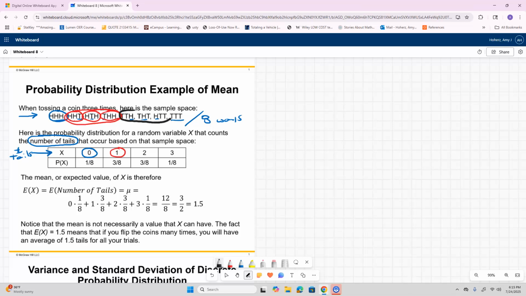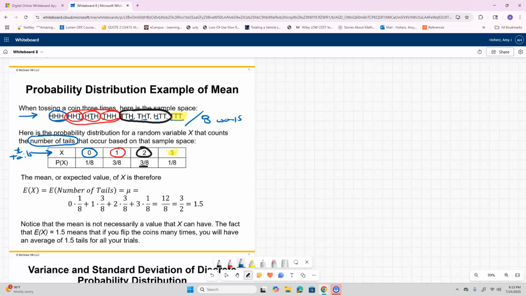There's 3 ways for that to occur. So the probability of getting 2 tails, either the first and the second, the first and the third, or the second and the third, is 3 out of the 8 ways. And then lastly, I'll use the highlighter for this one. How many ways to get all 3 tails? There's only 1 way for that to happen.